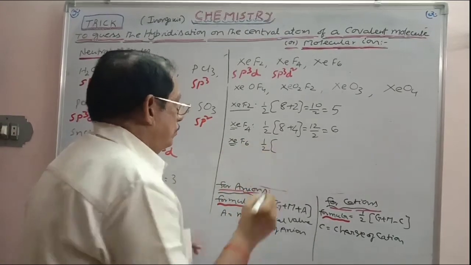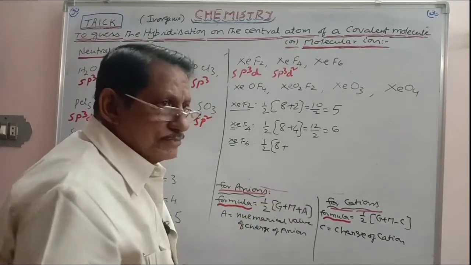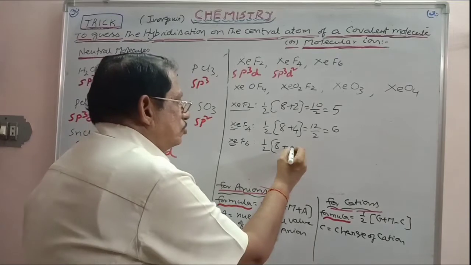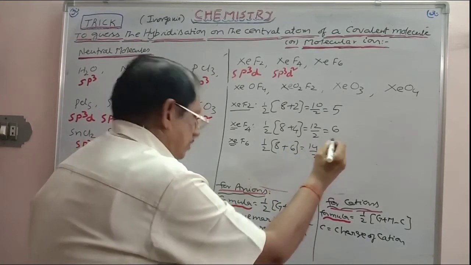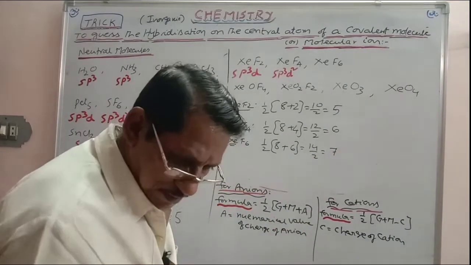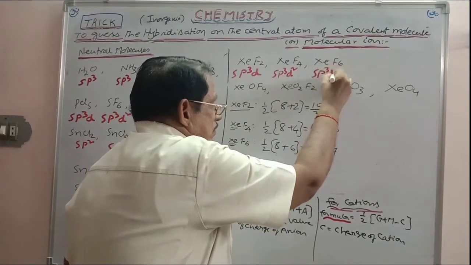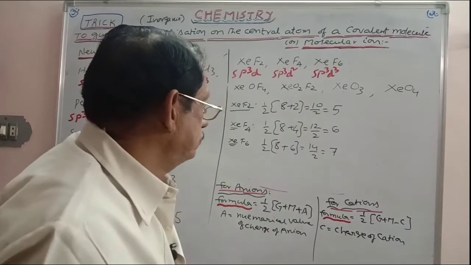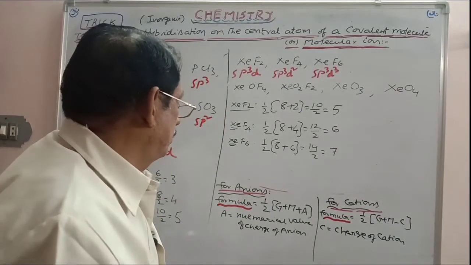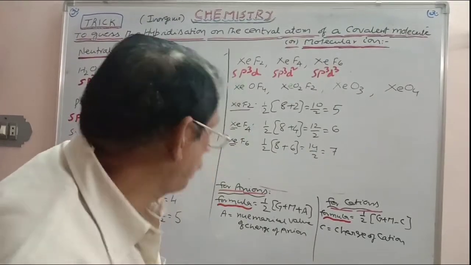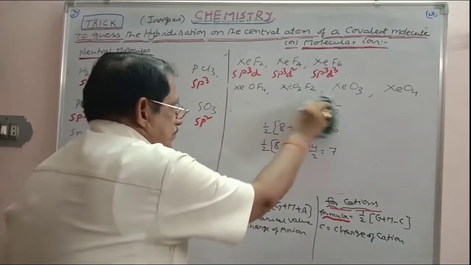Half into the 8th group, xenon, plus surrounding atoms, fluorine atoms, 6 are there, and so 6 monovalent atoms, 14 by 2, that is equal to 7. 7 means, what is the hybridization, please? sp3d3. Okay. Similarly, we can consider the remaining molecules also.